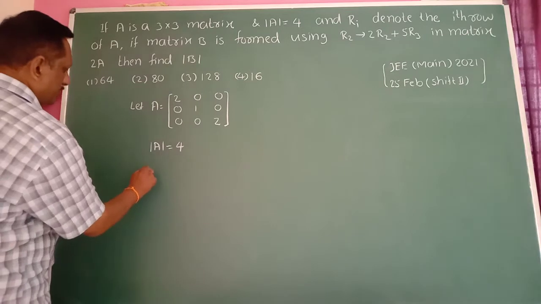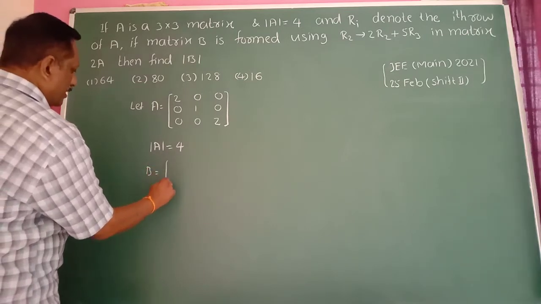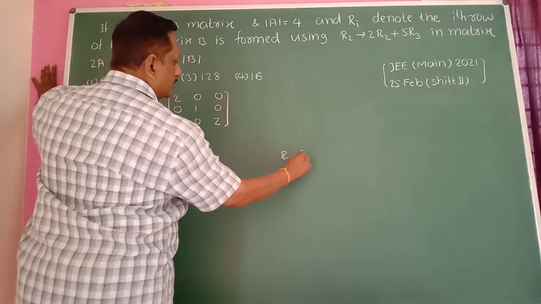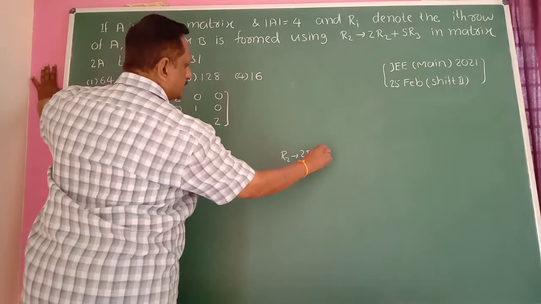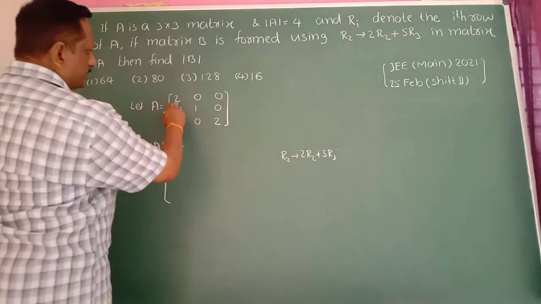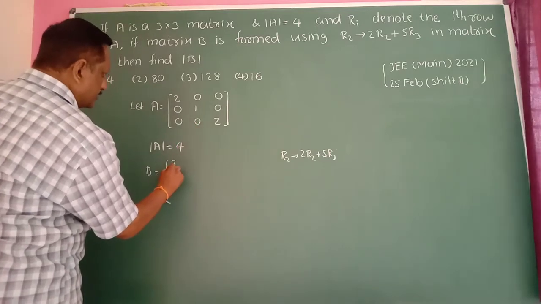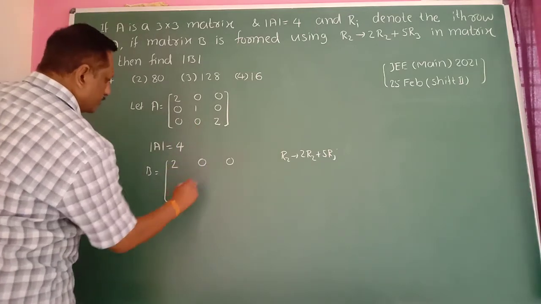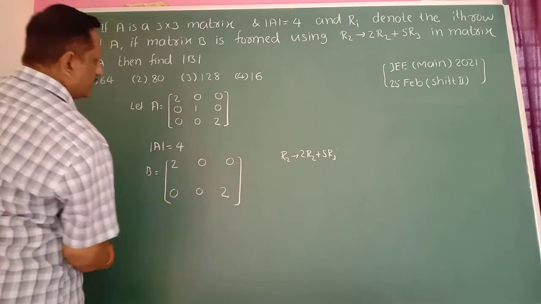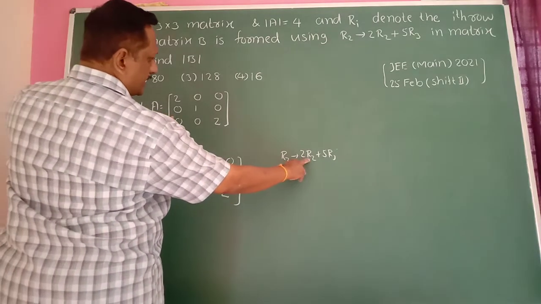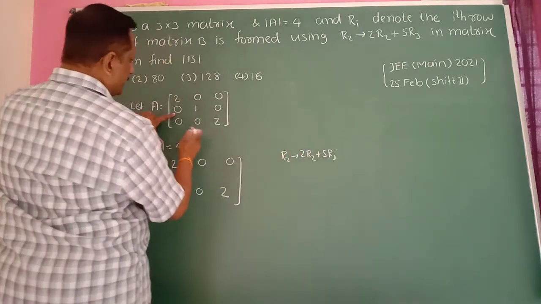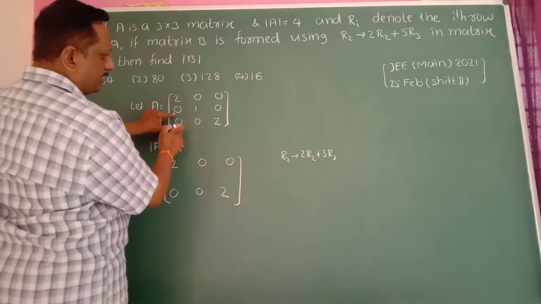Suppose B is obtained by R2 becoming 2 R2 plus 5 R3. Keep the first and last rows as they are. Then multiply the second row by 2 and multiply the third row by 5, adding to this term.